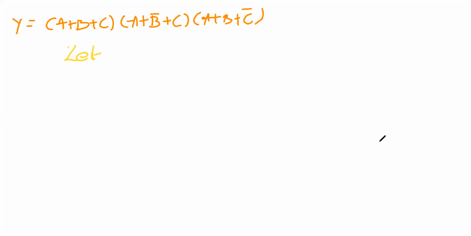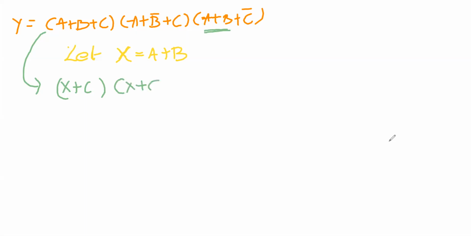Let me take a variable x. X is equal to A plus B, A or with B. So this expression will be x plus C, and this will be x plus C bar, or let me write it in one step: A plus B bar or with C is X or with C complement.